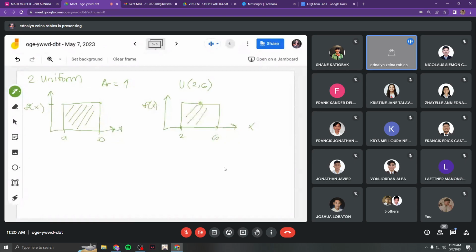What is my f of x if I have values from 2 to 6? What is my f of x? Or what is my PMF or probability mass function? Can someone tell me what is my f of x given this range, starting from 2 and ending in 6? What is my f of x?